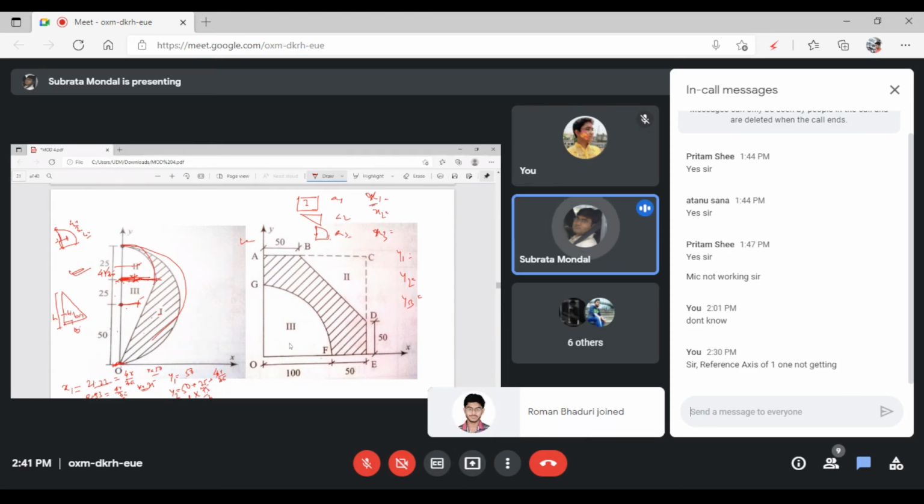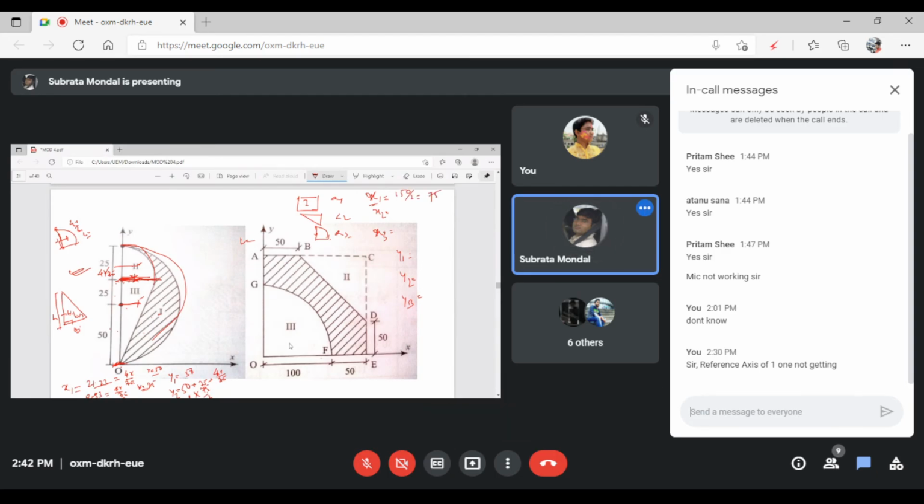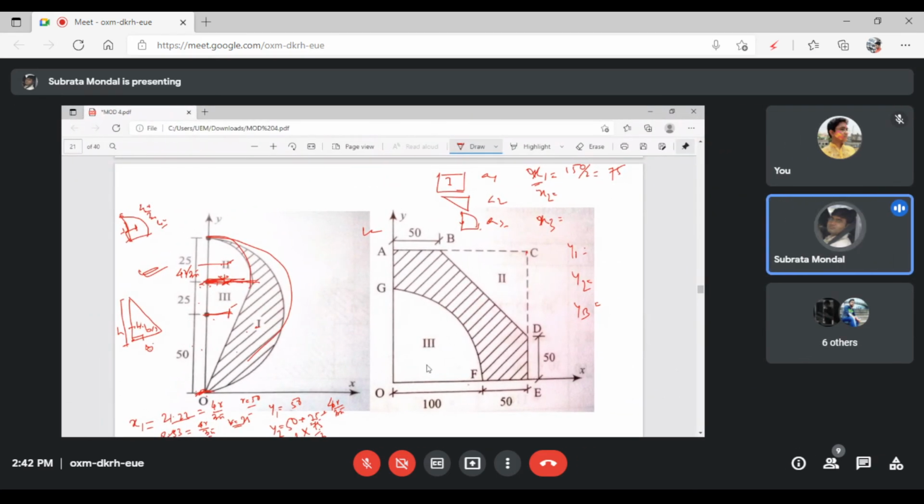So x1 is what? Simply 150 by 2. Yes or no? All of you please unmute yourself. And for x2, simply try to understand. Always we are thinking from this base or this base, right?